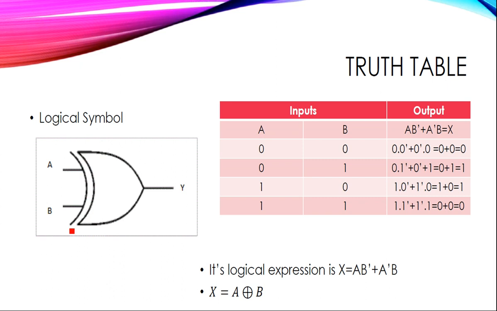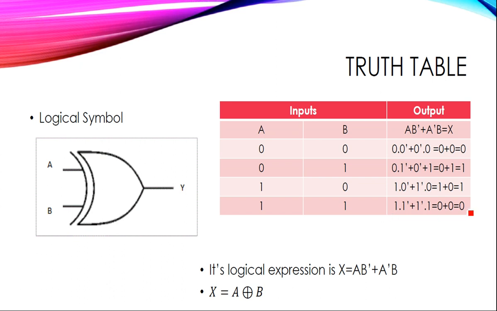You can see here. And it produces the logic 0 output when both the inputs are the same. You can see here A and B are the inputs, here X is the output. So for 0 0 the output is 0, for 1 1 also the output is 0.